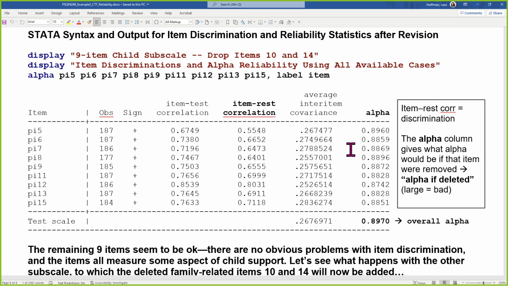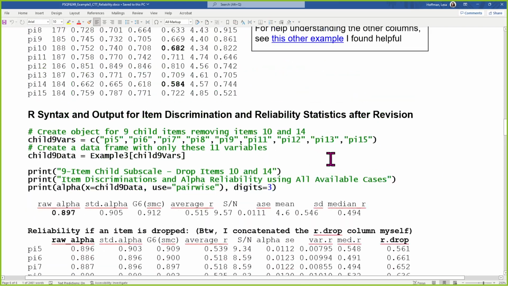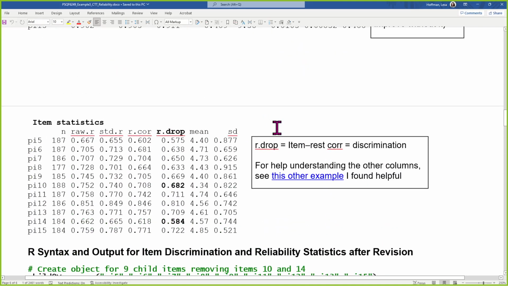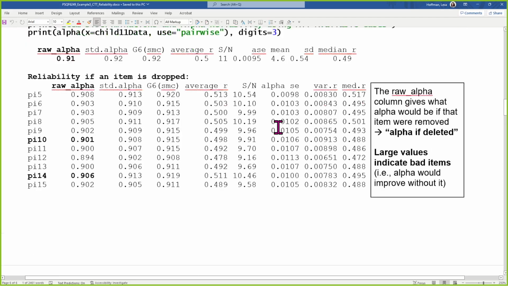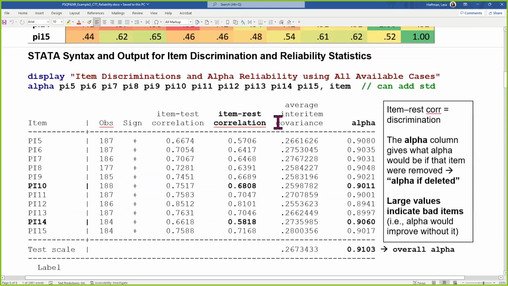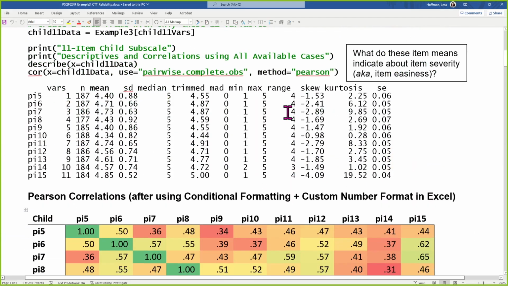Yeah. To that I would say, what do you mean by same scale? Because if you look at what is possible for these items, they're on the same scale, right? 1 to 5, same anchors.